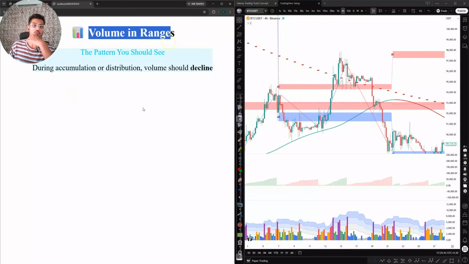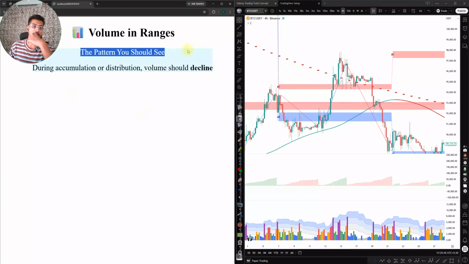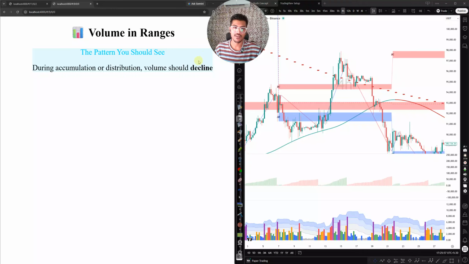Yeah, so volume in ranges. You know what? I'm just going to put it here because as I'm seeing myself, it's much better to explain. So I'm just going to roll with it.